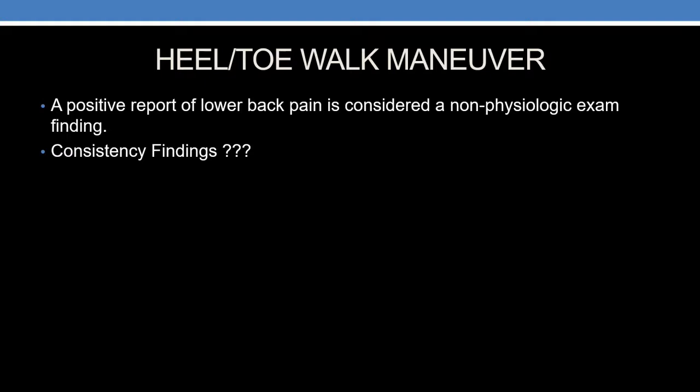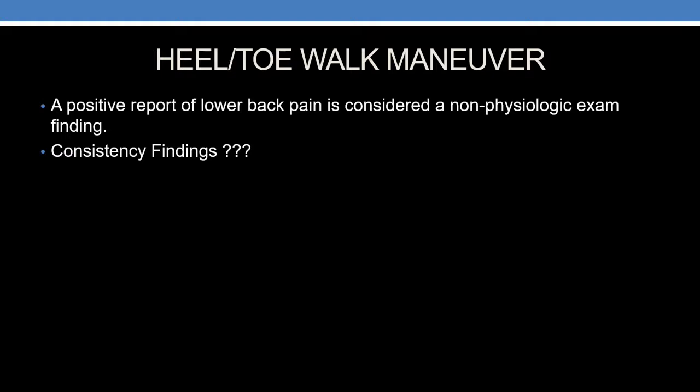And therefore, if your examinee is able to complete the heel walk and toe walk maneuver, that's a sign of preserved and intact function of those muscles and the associated nerve roots, being L5 and S1. So if that's the case, what would you expect to find later on in the manual muscle testing if you were to repeat these maneuvers of resisted ankle and toe dorsiflexion and resisted ankle and toe plantar flexion?